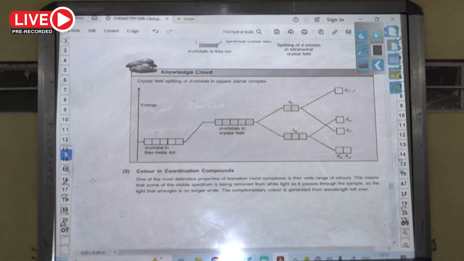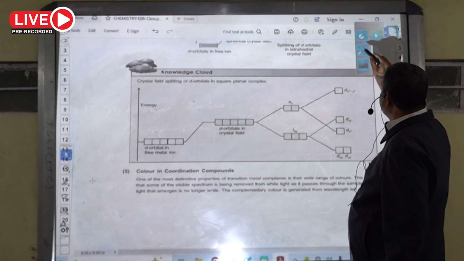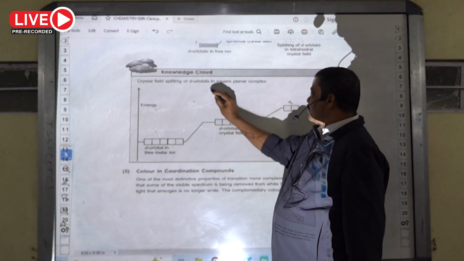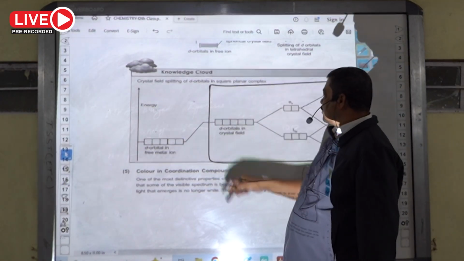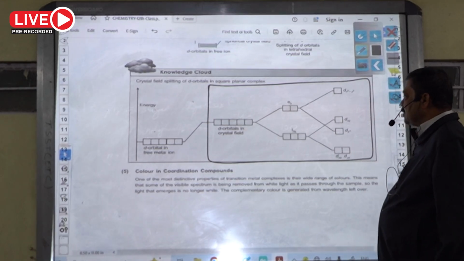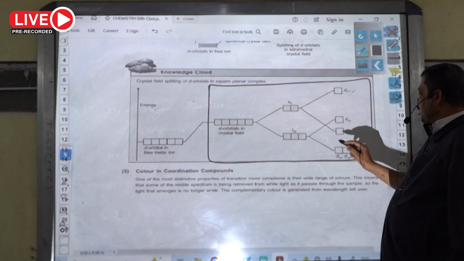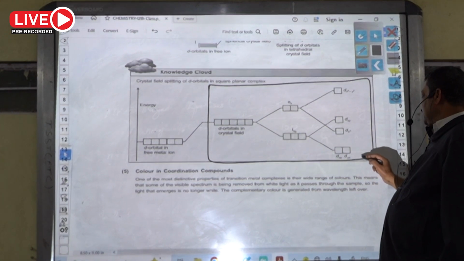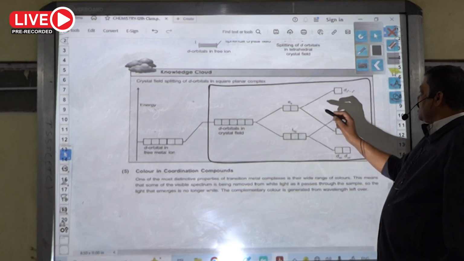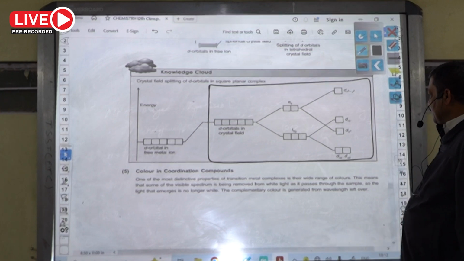You do not require this much, you just take this part. They split into EG and T2G. But T2G again splits into dxy, dxz and dyz. EG splits into dx square minus y square and dz square.